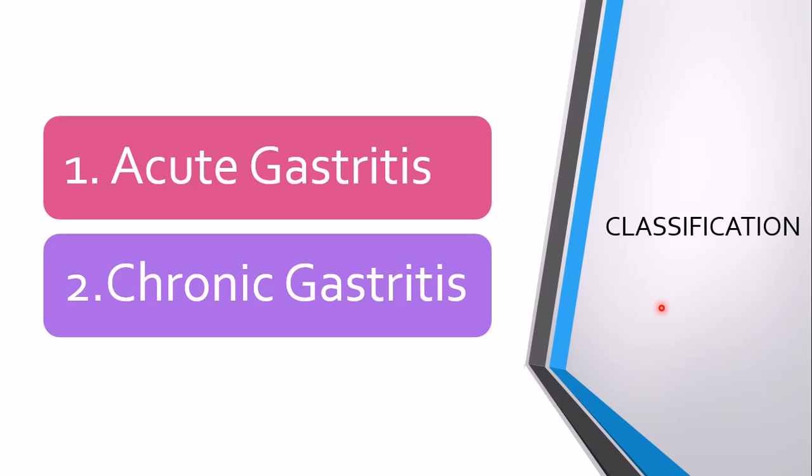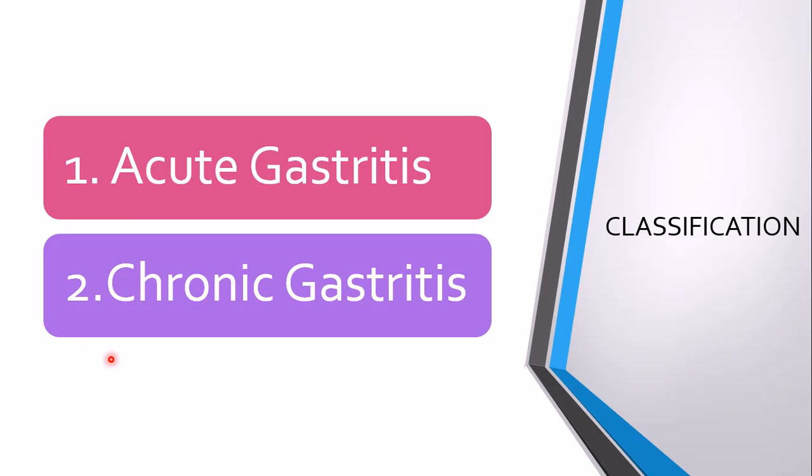Then classification. Basically we put it into two types of classification, and if any medical condition doesn't have a classification, that's well and good. If it does, then majorly it will be in an acute or chronic state. Acute happens with a sudden onset or over a very short period and resolves in a short period.